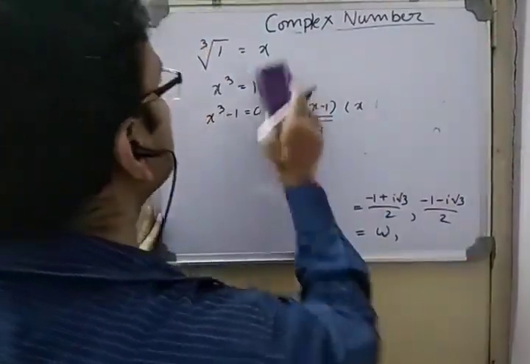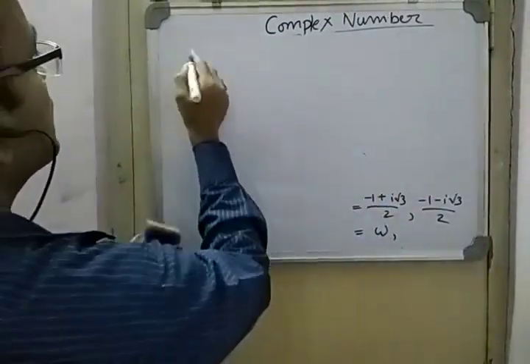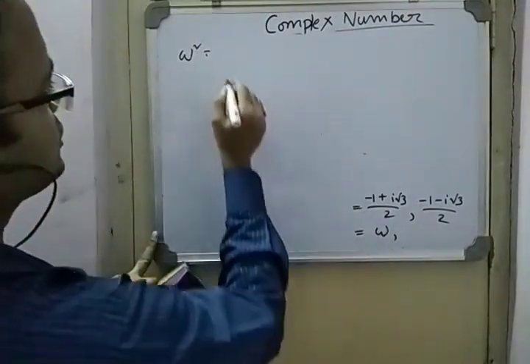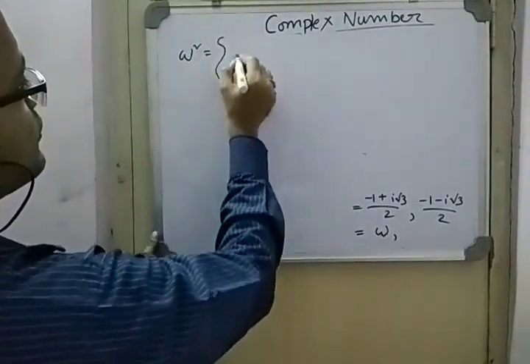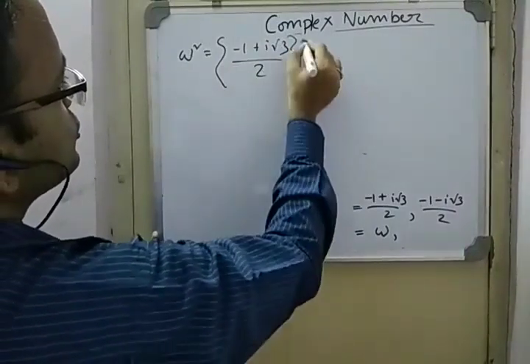So let's find what omega square is. We assume the first one as omega. So omega square means (minus 1 plus i root 3 by 2) square.